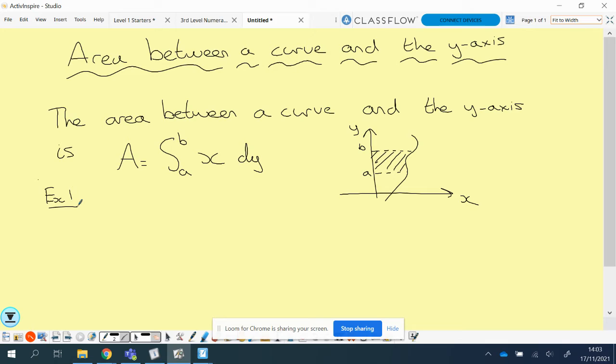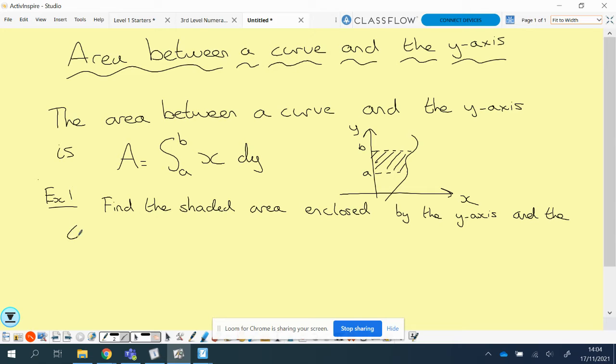Okay, so example 1, we're going to find the shaded area enclosed by the y-axis and the curve y equals (x minus 4) cubed, between y equals 1 and y equals 8.